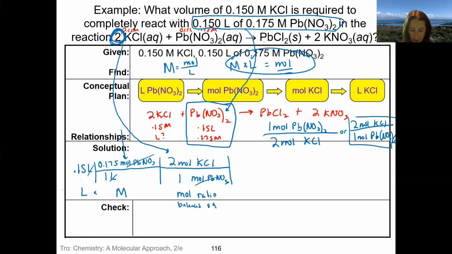Now, the question was, we want to get liters of KCl. So you're like, I don't know how I'm going to get liters of KCl. I do know I need to get moles of KCl on the bottom. Why do I need moles of KCl on the bottom? Because I don't want them and I need to cross them out. So then I look, is anything up here given that can help me with that? Oh, yeah.